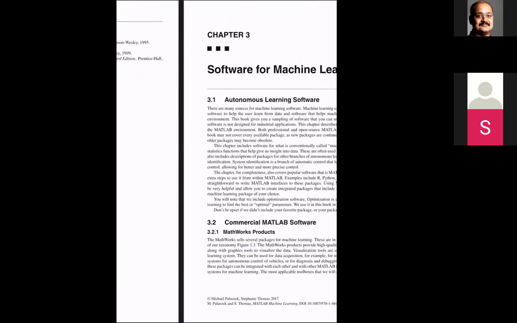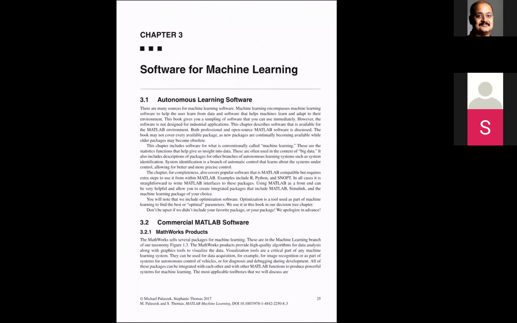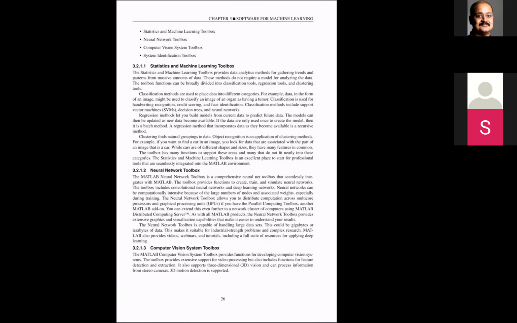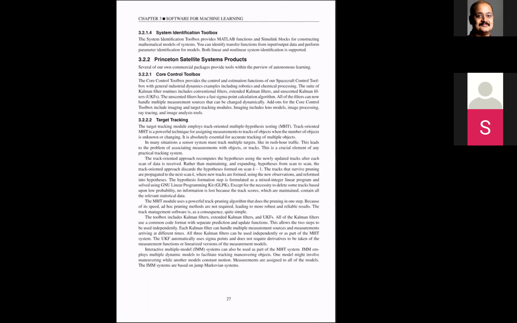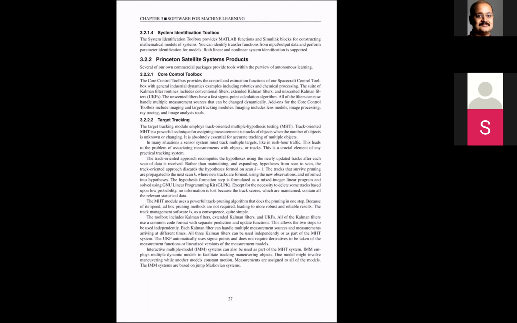Next chapter, this is the regular stuff. You have software for machine learning, MATLAB, Weka, all those toolboxes, computer vision toolboxes. There are different software. I don't know if some of you decide to pursue research in the field of target tracking, which is like using multiple radars trying to track one vehicle.